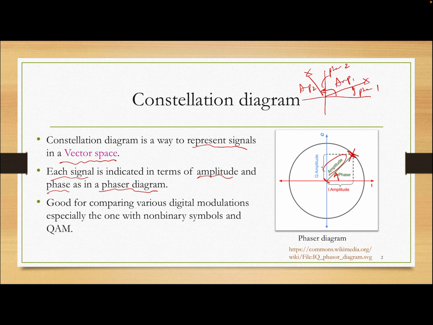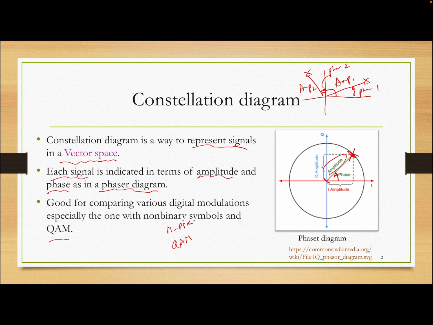Now, this is good for comparing various digital modulations, especially the ones with numeric symbols, like MPSK or QAM. And it is easy to understand how to detect the signals from the received signals correctly.